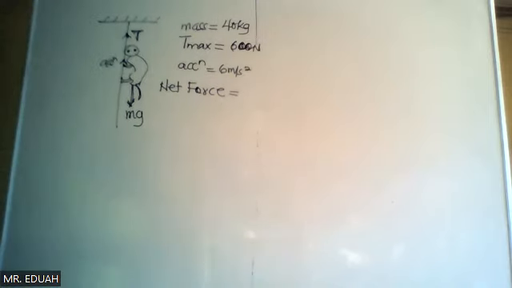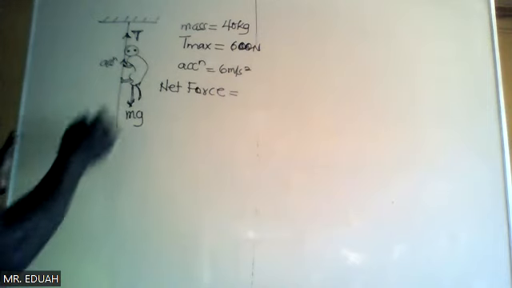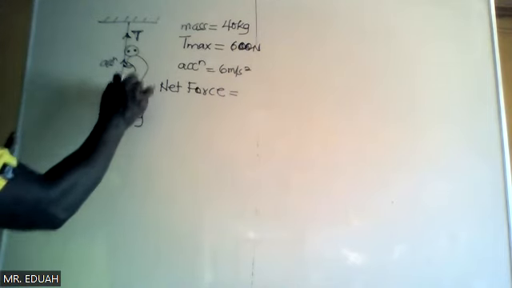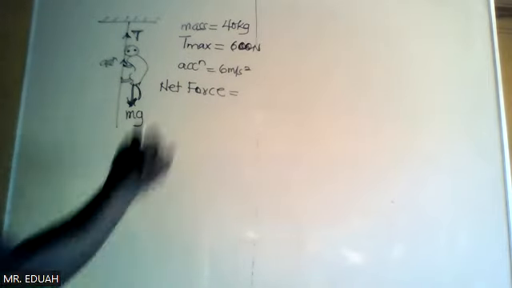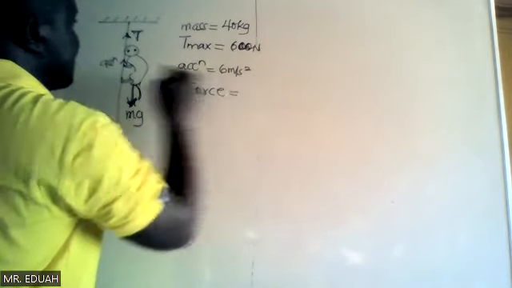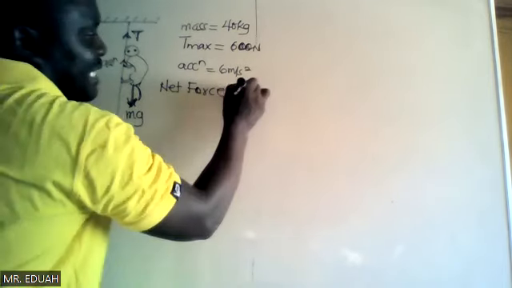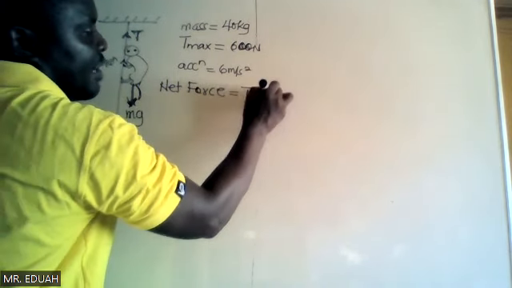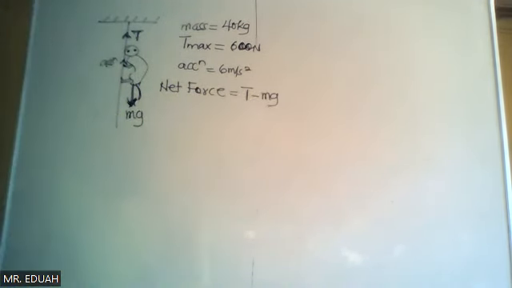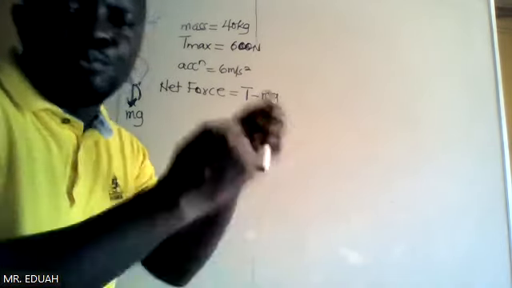Okay, so we have the tension in the string acting up, and the weight of the monkey acting down. These are the forces on the monkey. Because the monkey is climbing up, the tension in the string must be greater than its weight. If the weight is greater than the tension, the rope breaks.